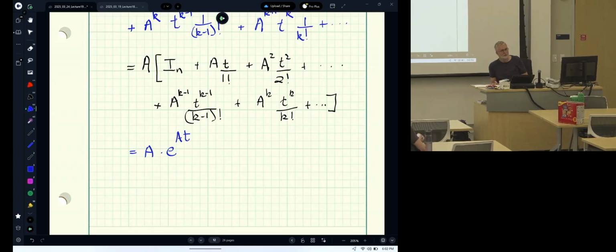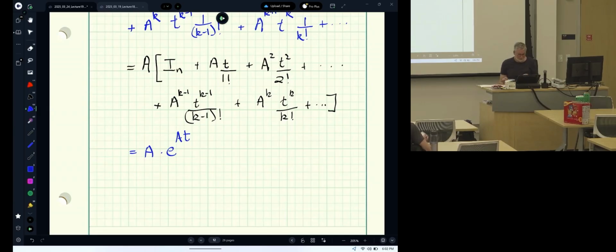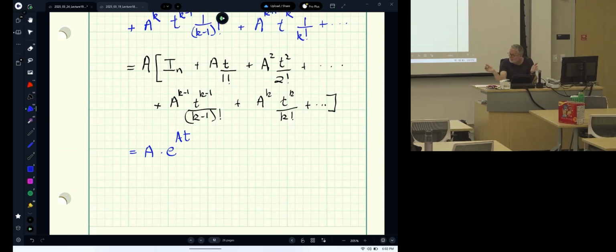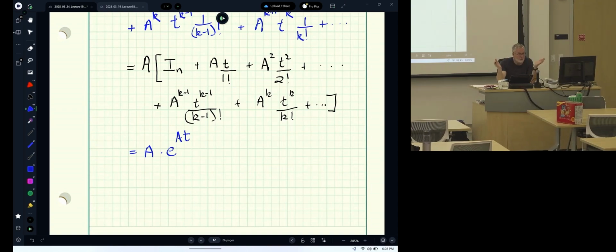It is amazing. Just like the scalar exponential, you bring down the little A, and it works in the matrix case as well. Totally. The only thing you have to believe is that you can do the differentiation term by term.